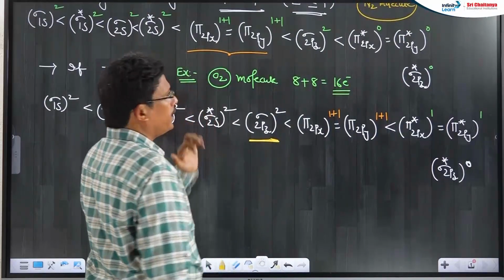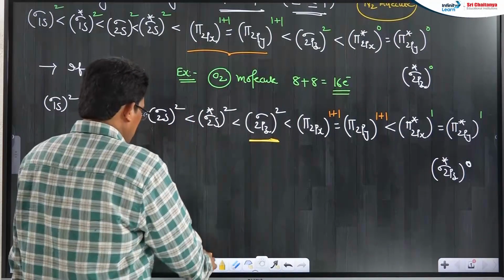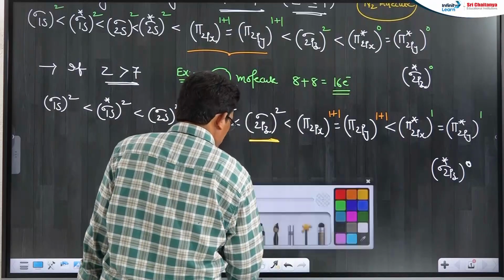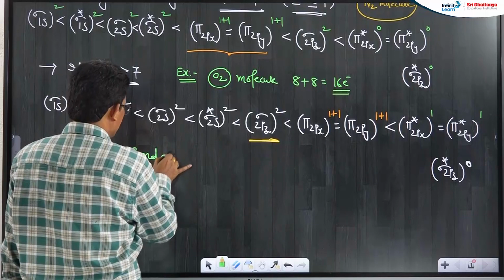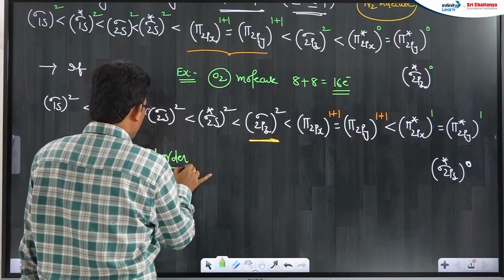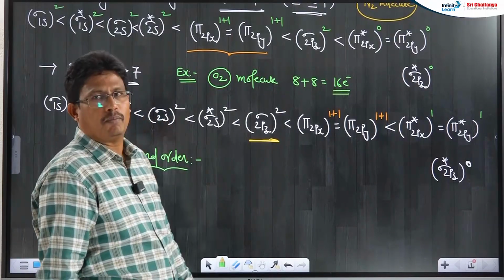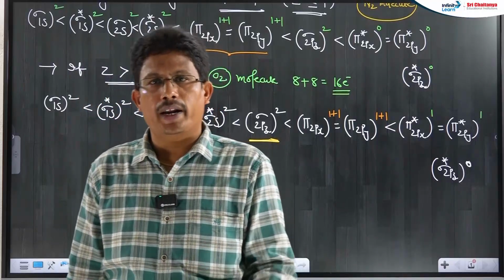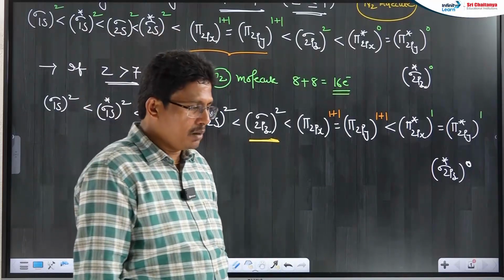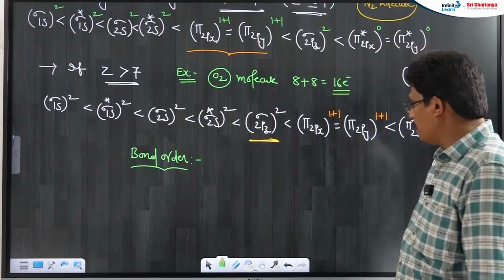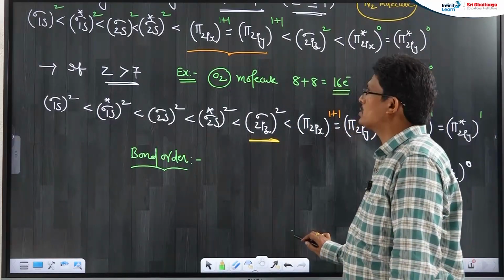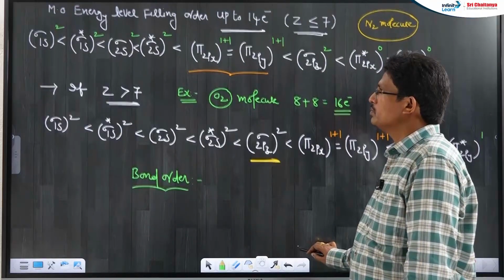After writing the configuration of N2 and O2, write the formula useful to know the bond order. What is bond order? Bond order is nothing but the number of bonds between two bonded atoms. If a single bond is present, bond order is 1. If a double bond is present between two atoms, bond order is 2.